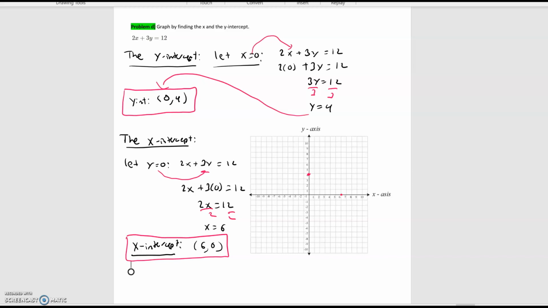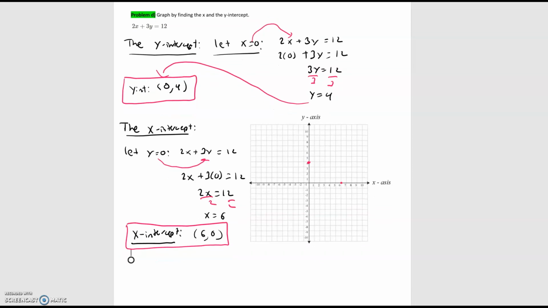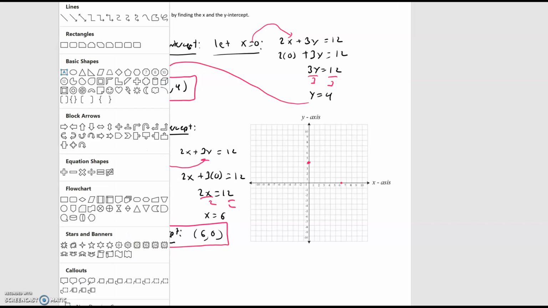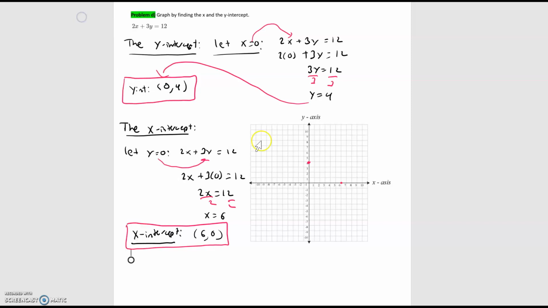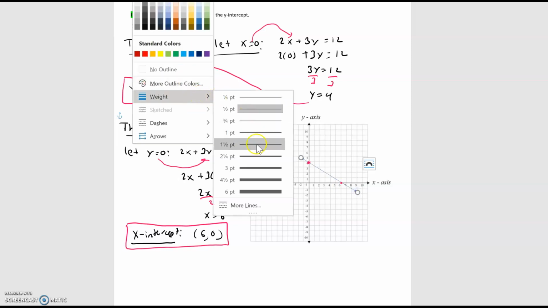Let me draw the line. Give me just a second, let me make it a little bit thicker.